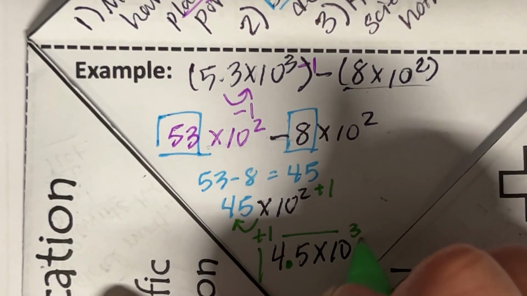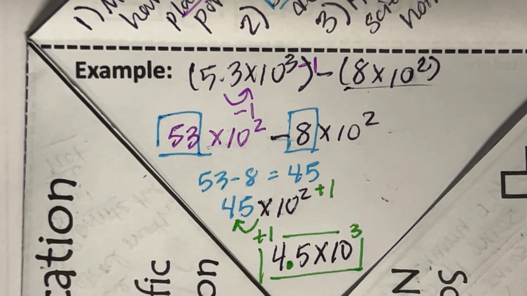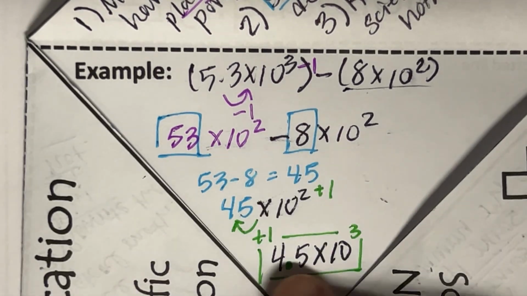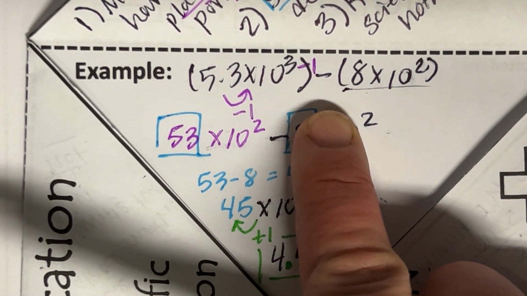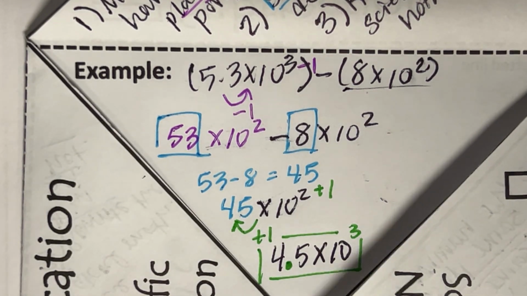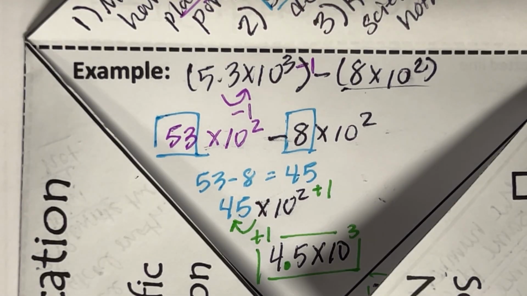And now I have my final number written out, 4.5 times 10 to the third power. That is the answer to 5.3 times 10 to the third minus 8 times 10 to the second. And that makes logical sense. 5,300 minus 800 would get me 4,500.